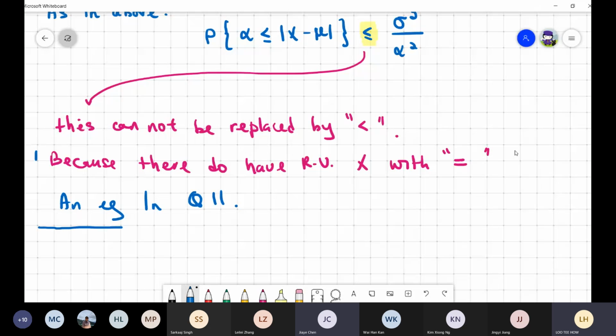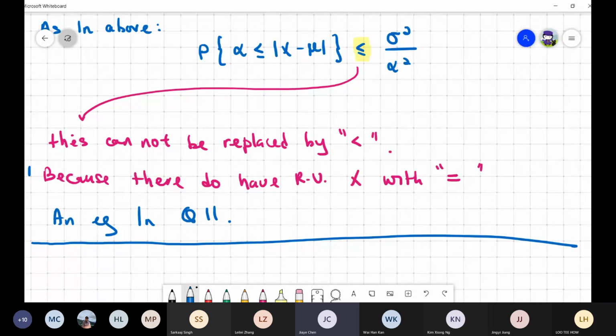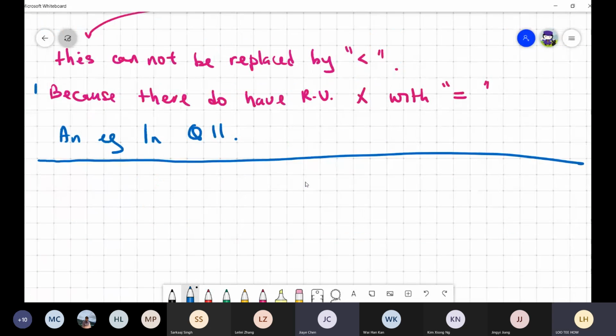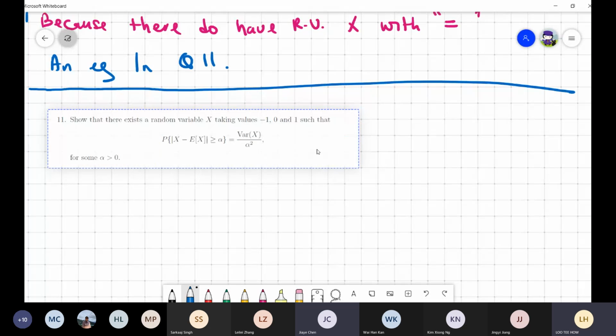So now you know what to do with this question 11. So that's question 11.